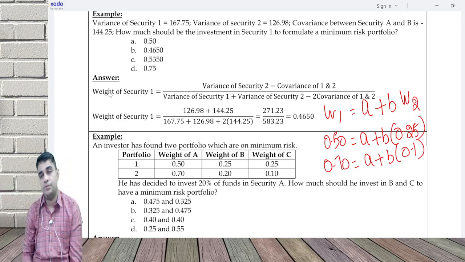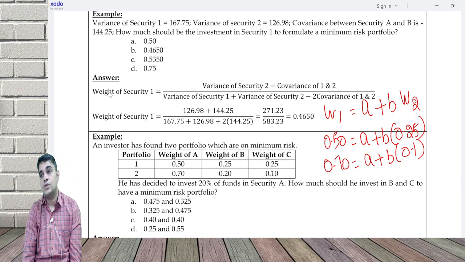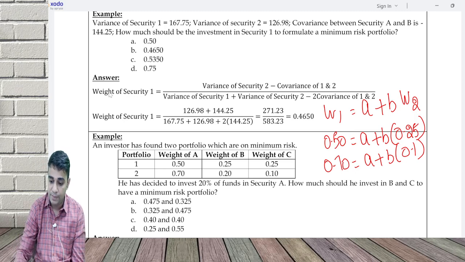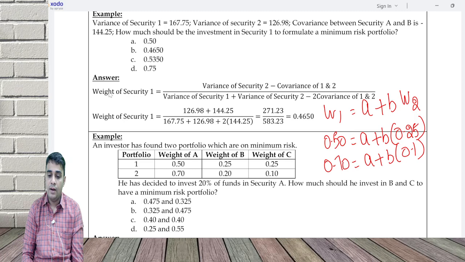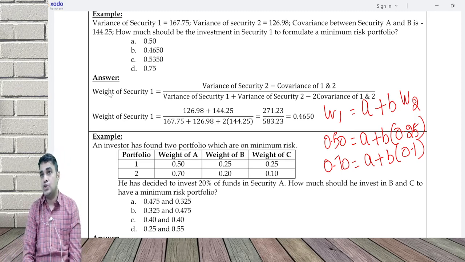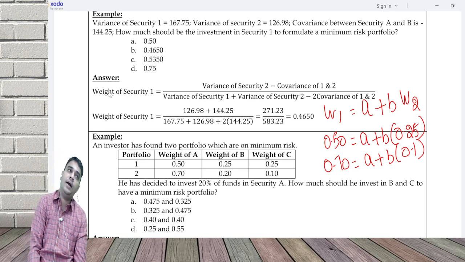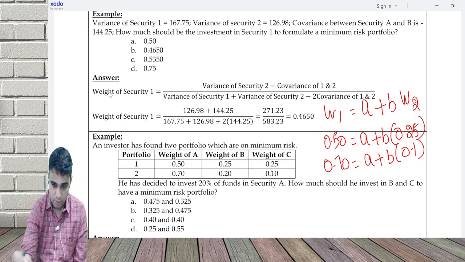You need to solve this and tell me what is A, what is B. Again, I am repeating, A and B have nothing to do with weight of security A, security B. If you are getting confused, name them as X and Y. I formed an equation between A and C. Solve them, get me the answer to A and B. So B is -4 and A is 1.5.